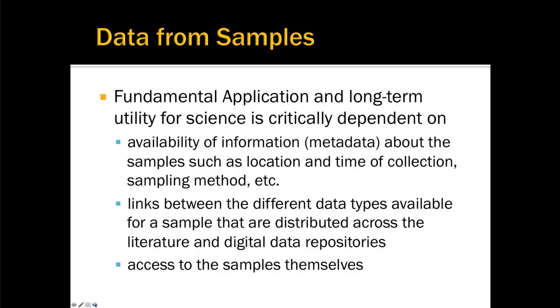And because samples are analyzed in different labs over time for different parameters, links need to be established between the various data types that are generated and distributed over the literature or in different data systems.